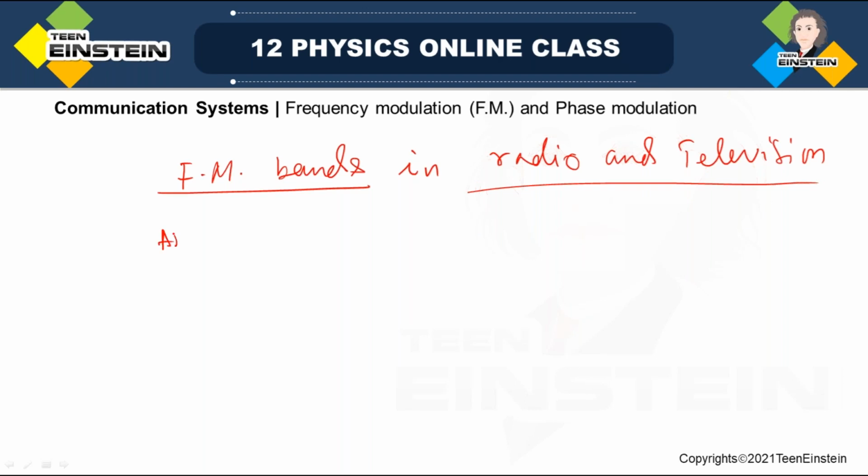See, AM radio has frequency band 0.5 to 20 megahertz.